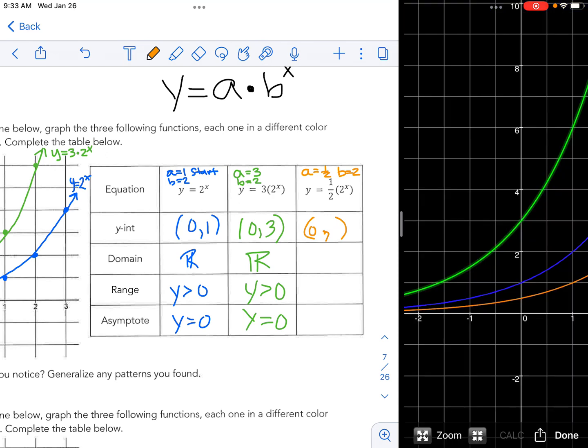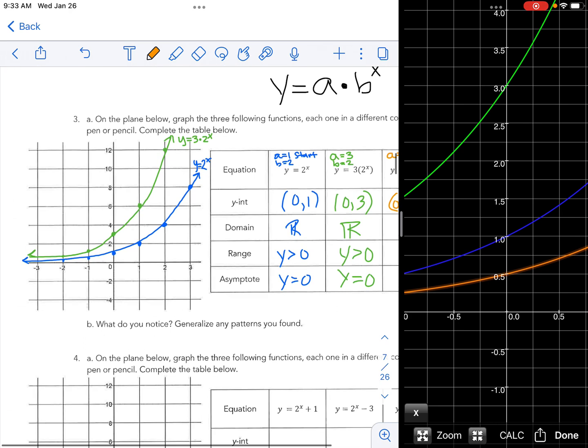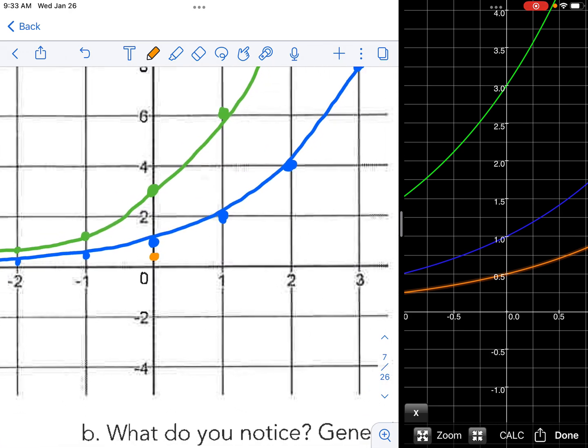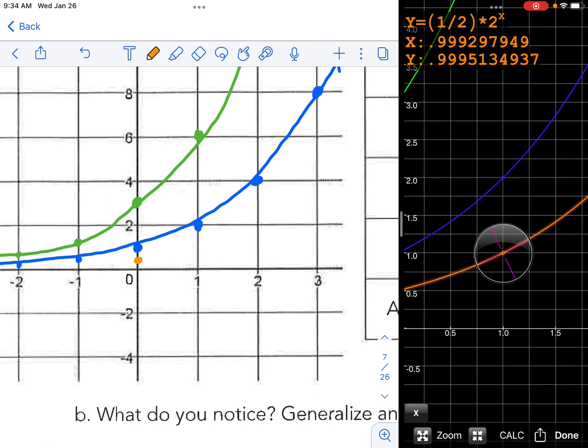Okay. And so when I graph that, there's that last function, so you can see that that intercept is a half, right? That's our start value. That's what our A is. It's a half. So it's right here. So it just cut everything in half, which means when x equals 1, we're at half the base, which is 1.